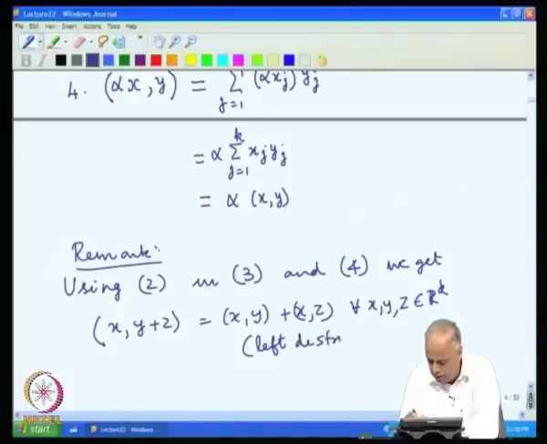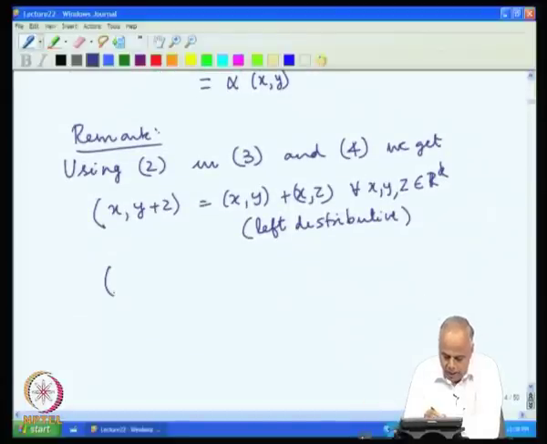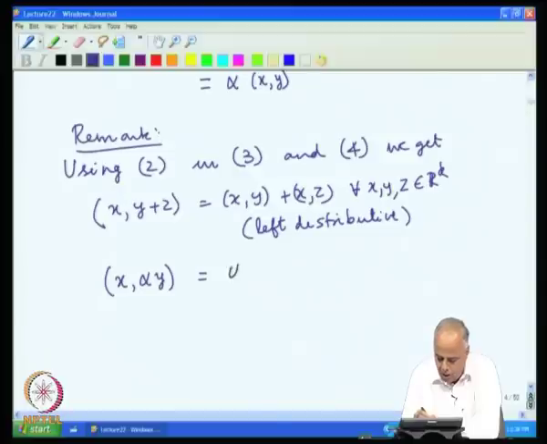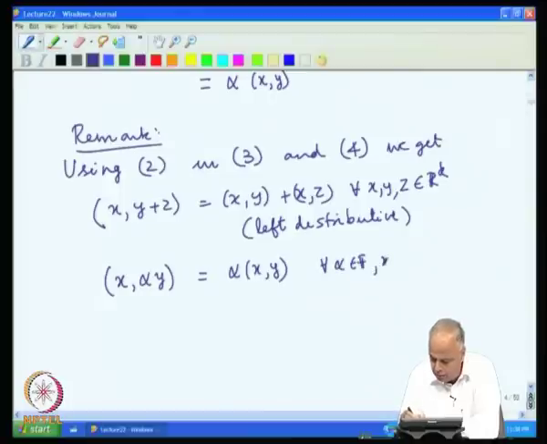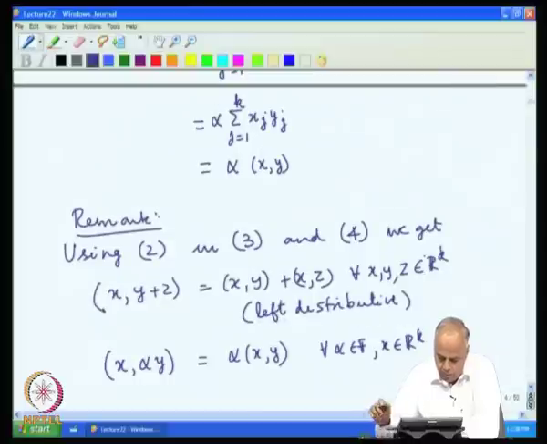The inner product is left distributive, and we get the inner product of x with alpha y is the same as alpha times the inner product of x with y, for every alpha in the field F and x, y in R k.